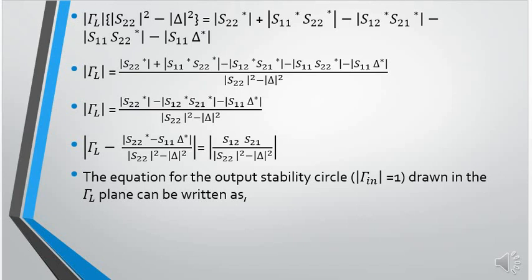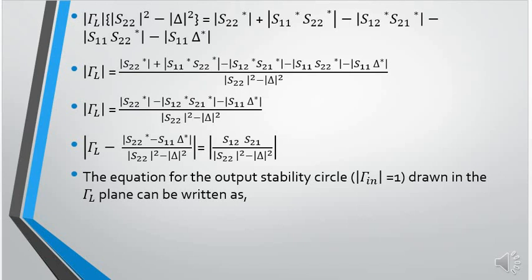So simplify the above equation. The S11 into S22 term gets cancelled. So S22 conjugate minus the magnitude of S12 into S21 conjugate minus S11 del conjugate by S22 square minus del square. So the load reflection coefficient is equal to, divide the term into 2. S22 conjugate minus S11 into del conjugate as one term, and the next term is another term. So you keep this term in the left hand side of the equation.